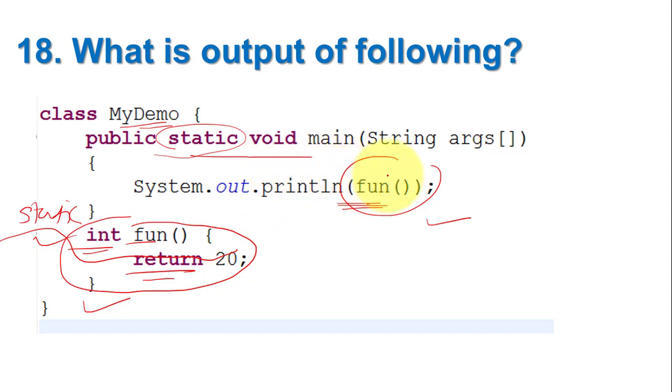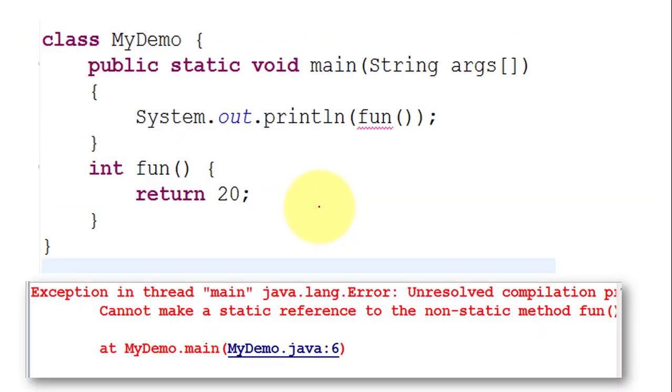But since fun is not a static method, this is going to give an error. You can call it a non-static reference, so the program is going to give an error. You can see the unresolved compilation problem: cannot make a static reference to a non-static method.